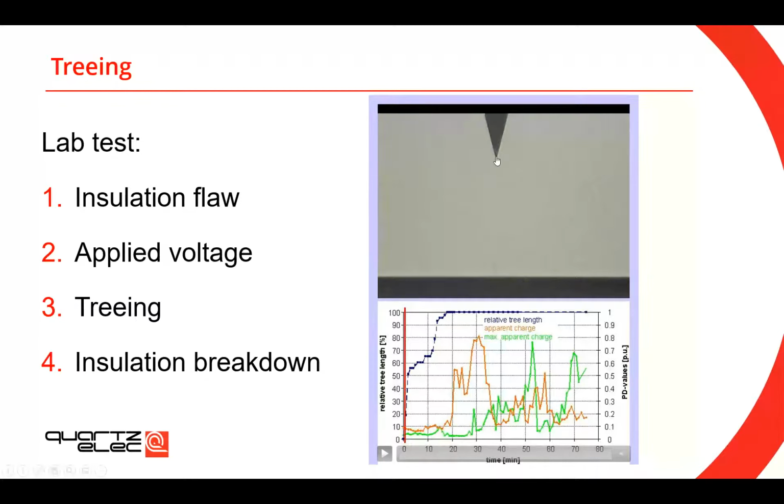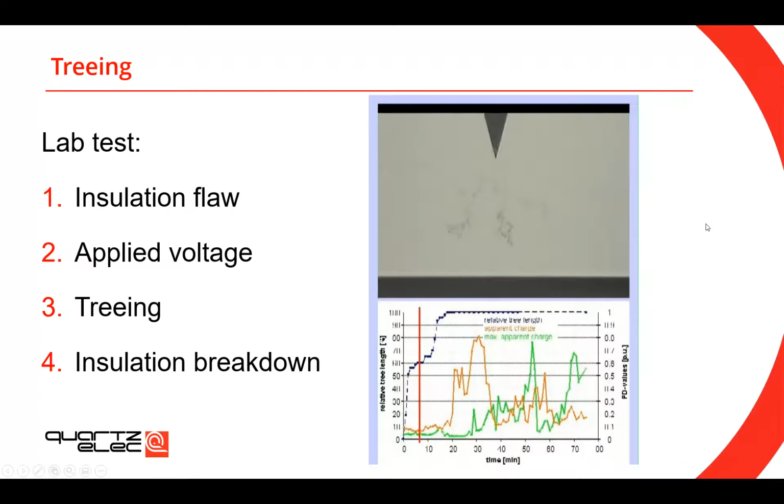Along with the development of that treeing, you can have a look here at that orange graph, because you can see the increase of the partial discharge, and the sudden drop before it goes bang. So have a look at this. You can see treeing growing. Now partial discharge is at its peak, and we already see carbonizing insulation here.